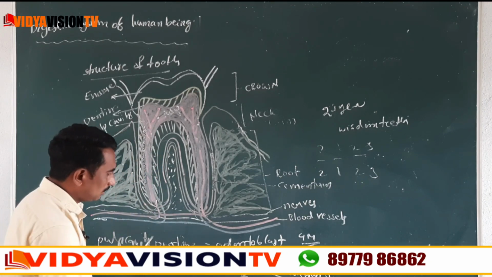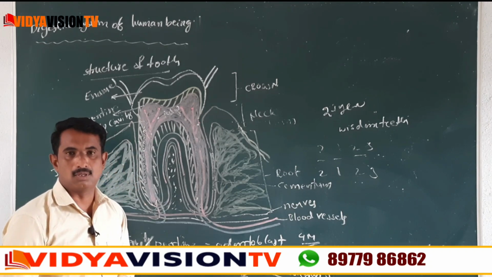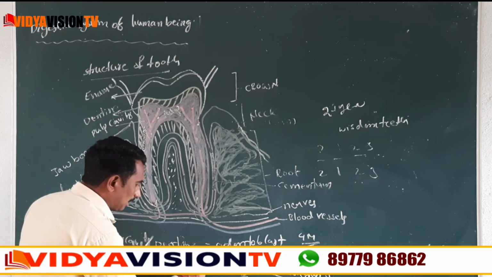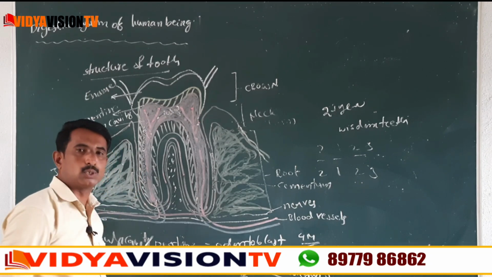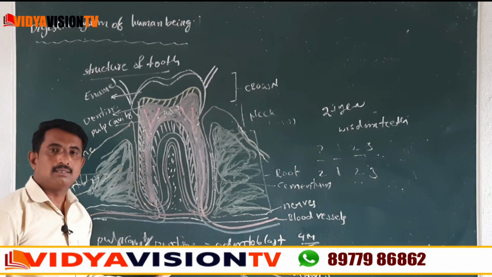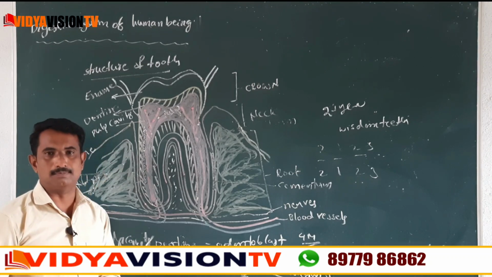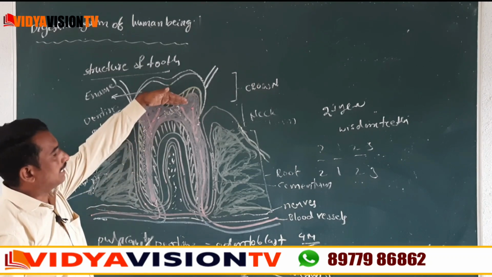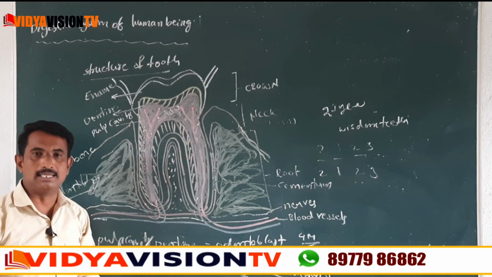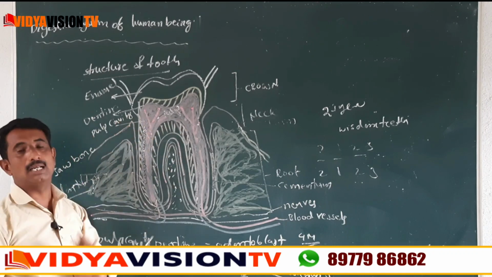In human beings, the hardest substance is called the enamel. Children, this is very important for 2 marks questions or bits. Now next, the inside of the tooth has a small cavity, called the pulp cavity.